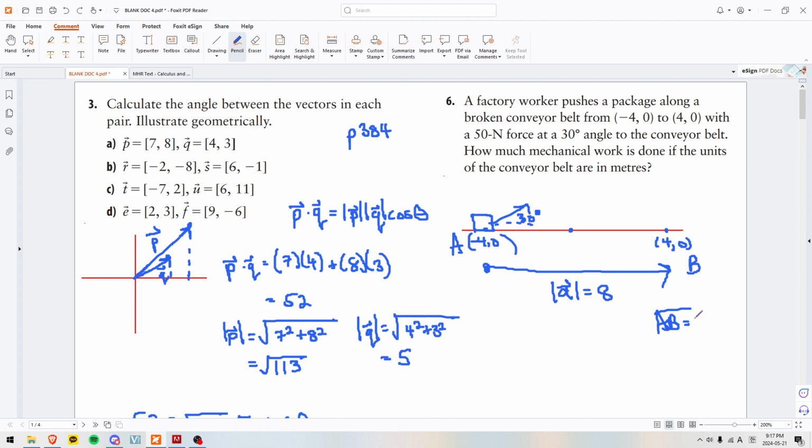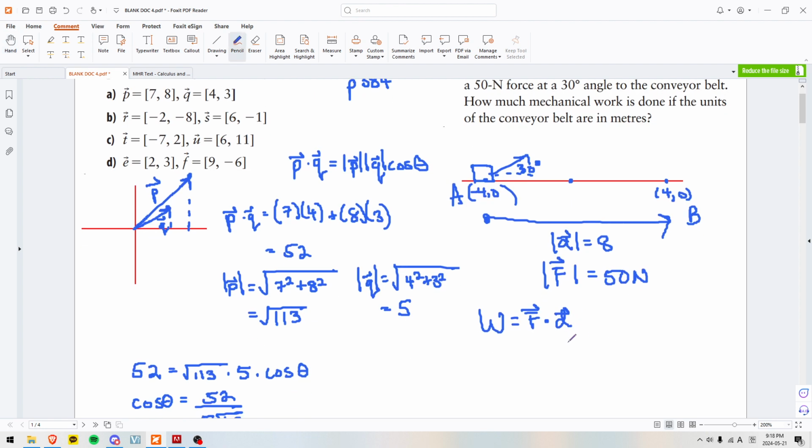Either way, I know what the magnitude is. Next, the magnitude of the force is 50 newtons. If I'm interested in the mechanical work, by definition, work is going to be the force vector dotted with the direction vector, which is the dot product.